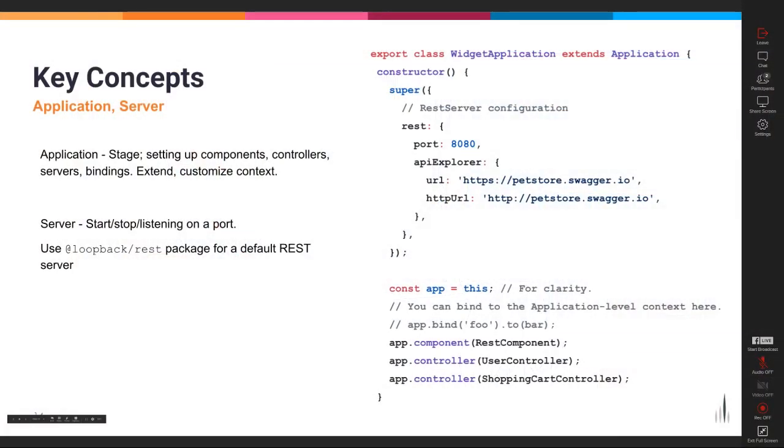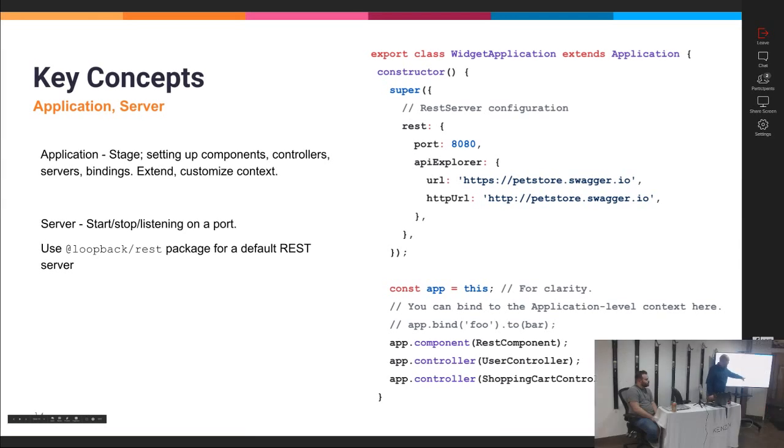So we're setting our REST server options up here, passing in the super, and then it handles it from there. Further down, this is where we're doing our binding. So app.component, app.controller, all these things we're registering inside of our context, and we're able to do our binding here as well.